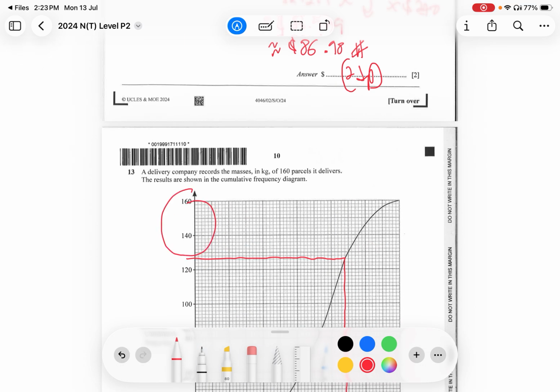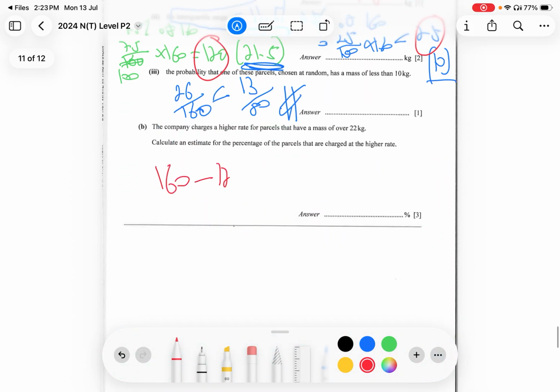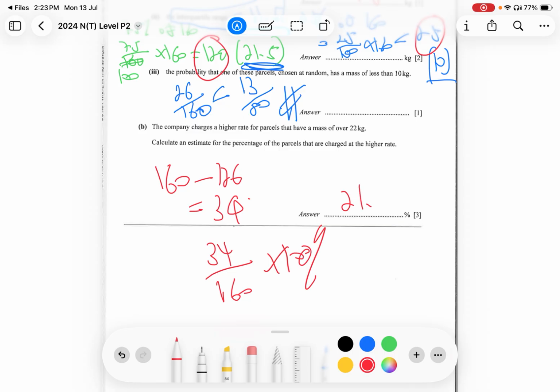This value here is 126. So 160 minus 126 is 34. So the percentage is 34 out of 160 times 100%, which is 21.25%. The estimate of them charging the higher rate is 21.25%.